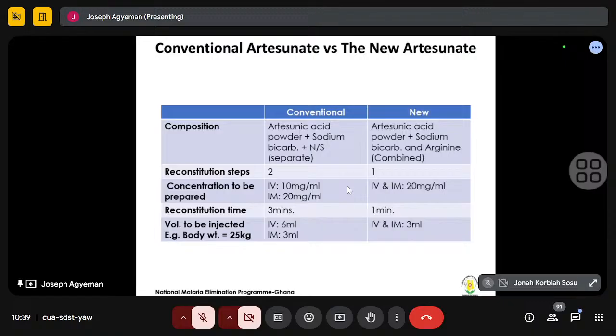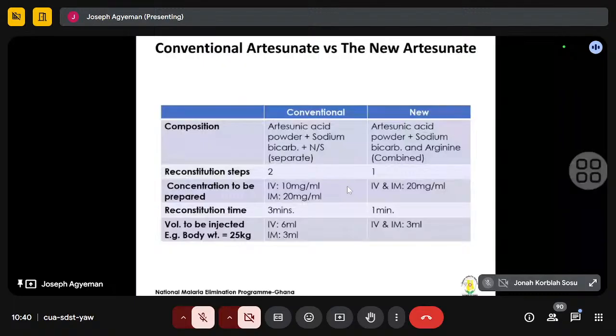In the new pack, we have artesunate acid as a separate pack. Then the sodium bicarbonate and arginine, which is arginic acid, combined together. So you have the artesunate acid separate, and you have sodium bicarbonate and arginine in one pack.